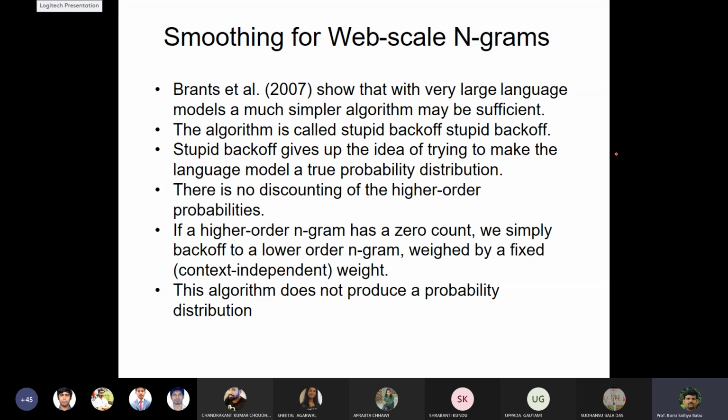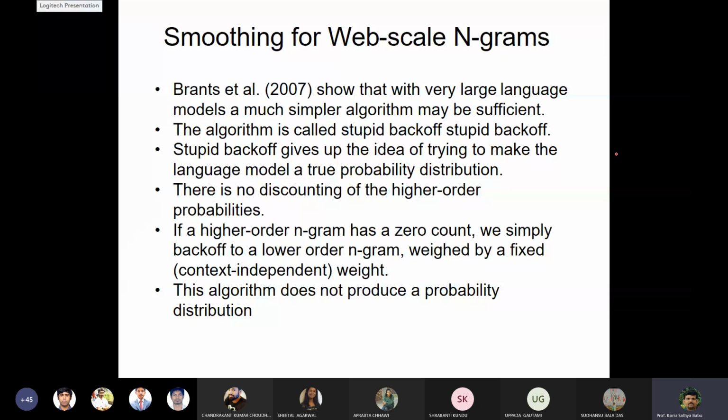Brants et al., some researchers along with Brants in 2007, showed that with very large language models, a much simpler algorithm may be sufficient.